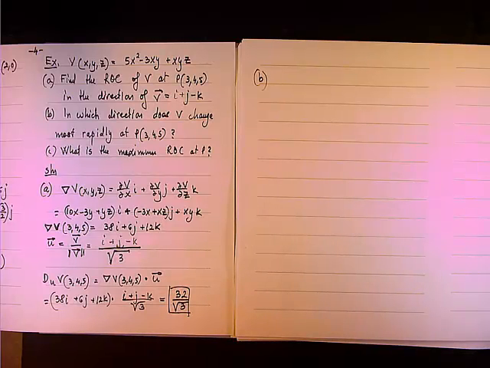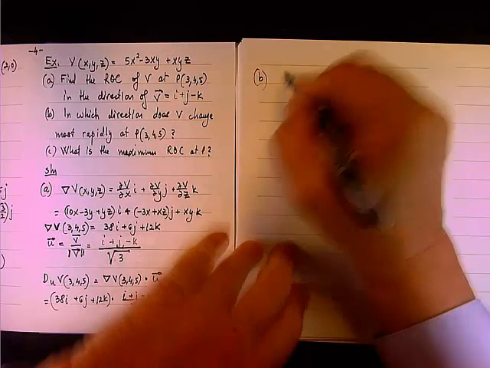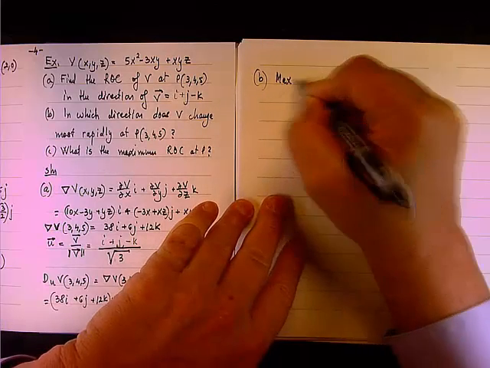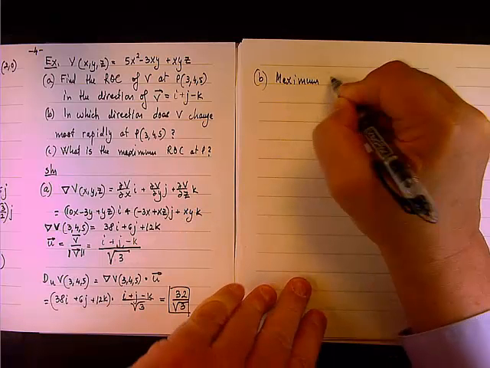The part B and C, I don't know if you noticed the comment that I made at the beginning, but where is the maximum rate of change? It's the gradient. Remember, that's one of the important properties of the gradient.